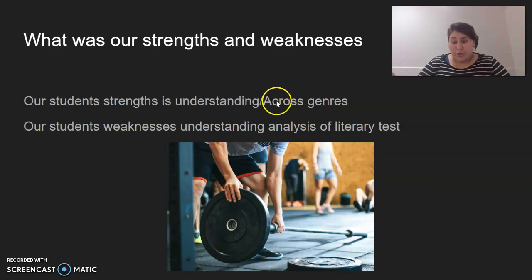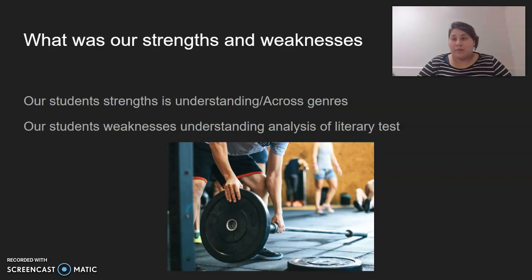Our kids know the vocabulary of reading. That's what our strength was. What our kids are not understanding is how to apply their comprehension and how to tell one text from a different text. How can they understand what a fiction text looks like?